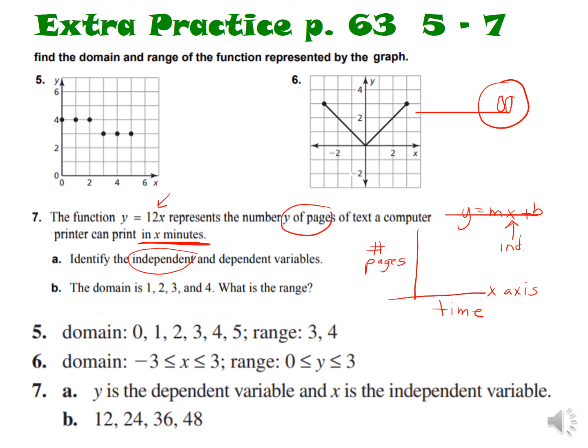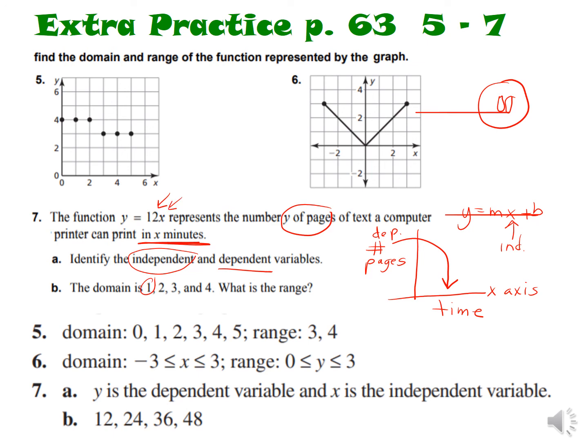The number of pages printed depends on the amount of time that goes by. If you stop the printer after 1 minute, you don't get any more pages. So that's what they're trying to explain. This is dependent on the other value. So the domain is 1, 2, 3. All you would have to do to find those answers is plug 1 into the x, and you would get 12.